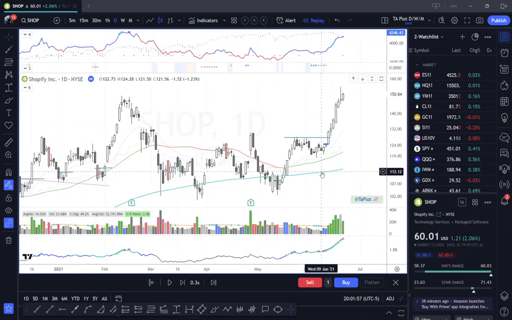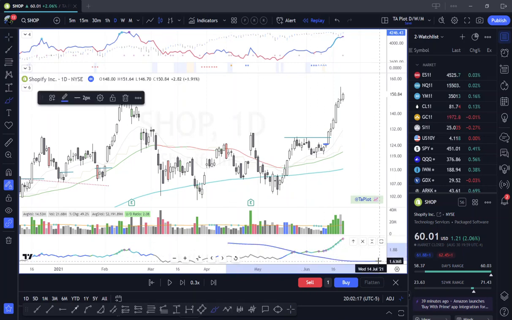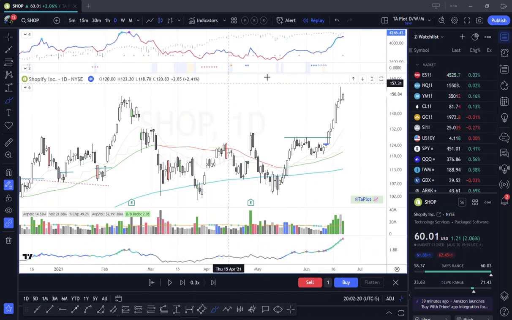I don't have a lot of examples of the opposite, right? When something is setting up, but the unbalanced volume is not confirming and it's diverging from price, I avoid them. So if this was setting up and unbalanced volume was going down, I avoid that because I want all the probabilities in my favor.